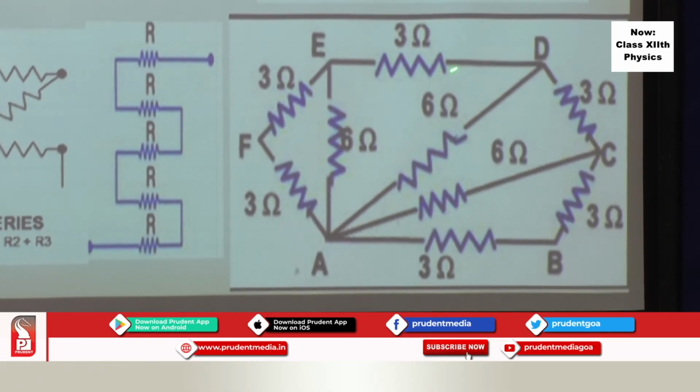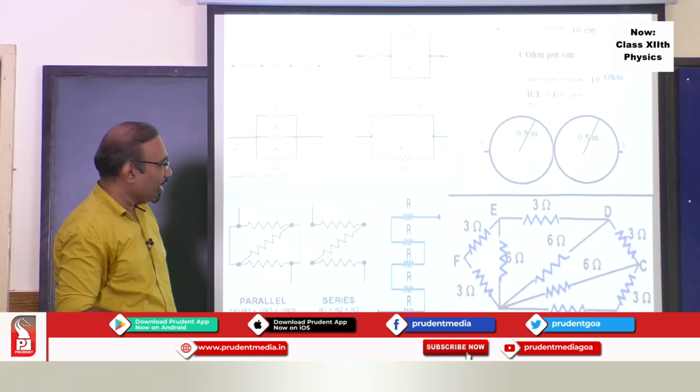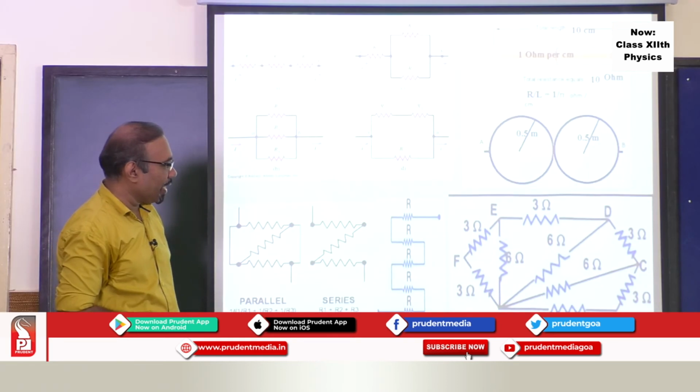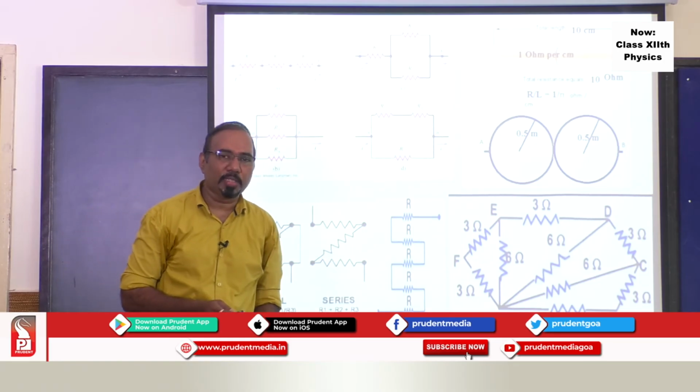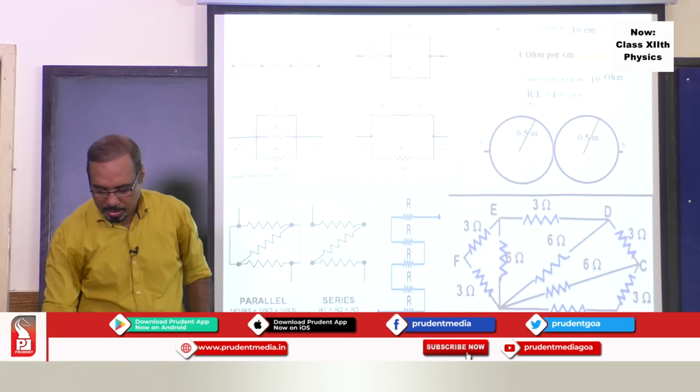This 3 ohm and this 3 ohm in series make 6 ohm, and this 6 ohm and this 6 ohm are in parallel. You can go on doing like this, and you can easily find the equivalent resistance between A and B. We'll actually solve some circuits based on this to understand most of the circuits.